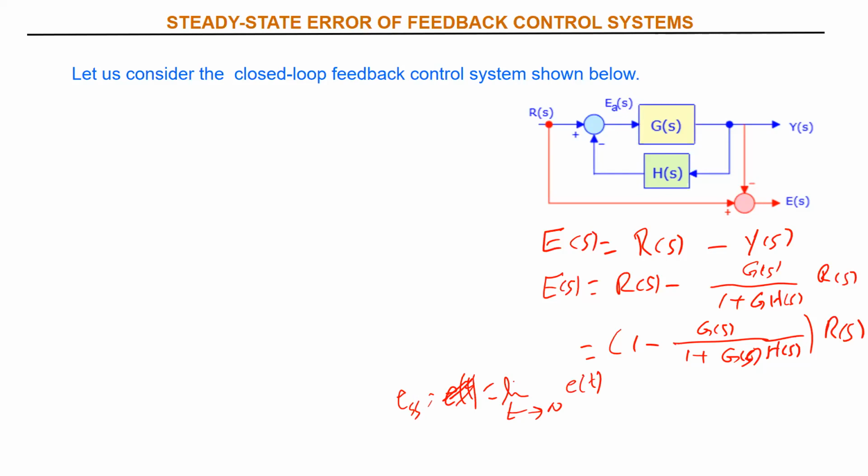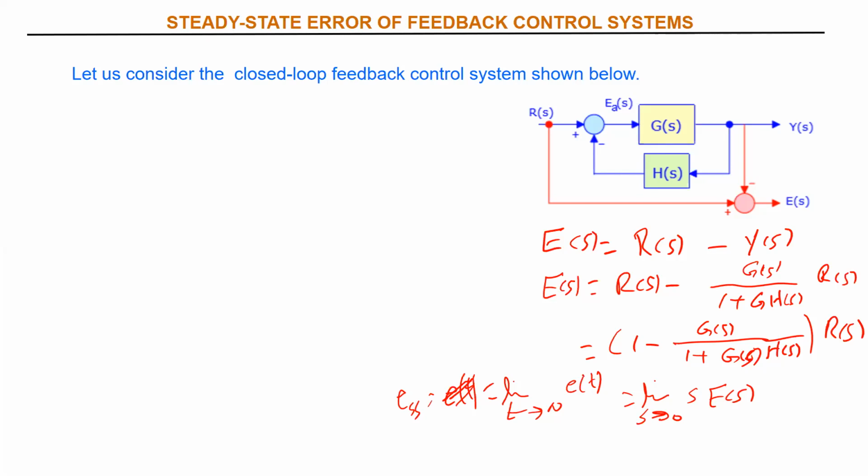Let's use the final value theorem. This is the same as the limit as S goes to 0 of S E of S. So rather than find the steady state error by inverting in the time domain, I can do it in the frequency domain.